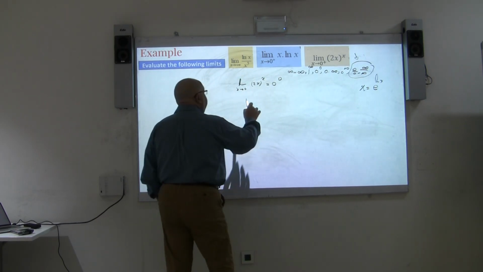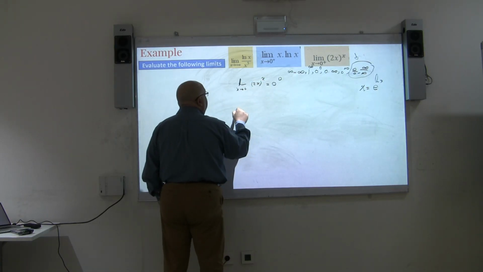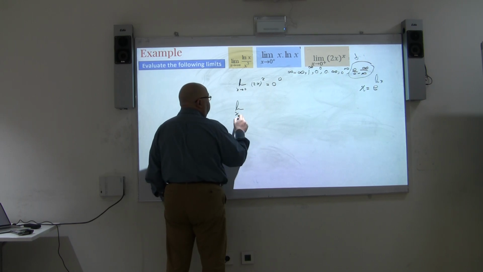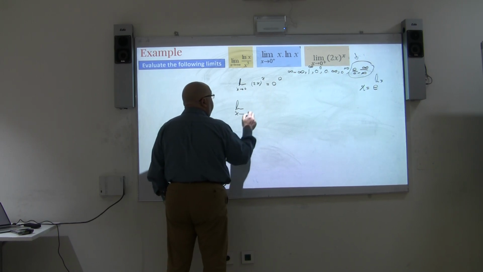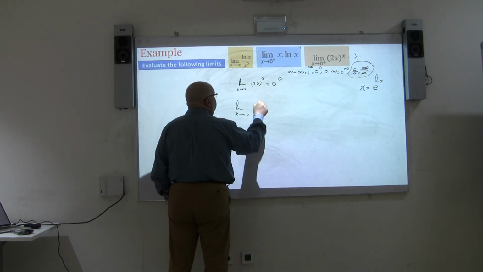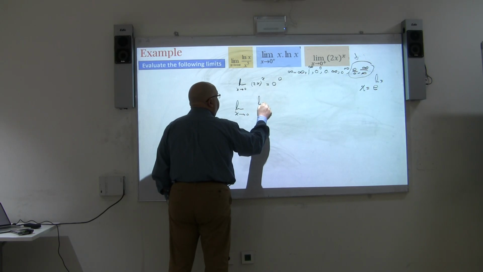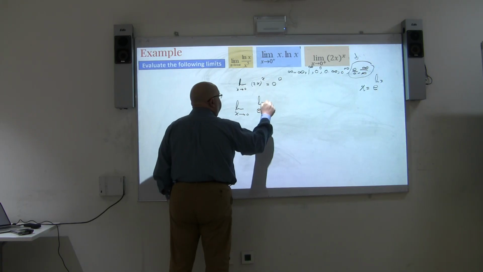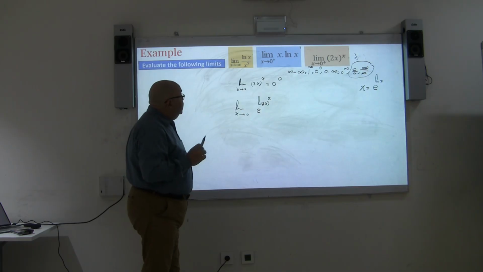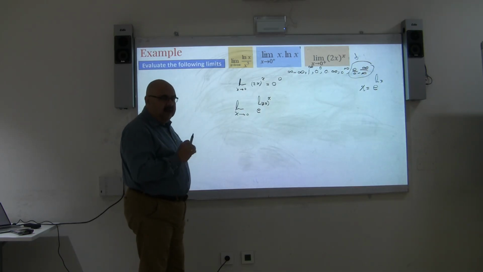So instead of dealing with this function, I will deal with the equivalent form but containing the exponential and logarithmic part. So limit x tends to 0, and instead of dealing with this, I will deal with e to the power of ln of 2x to the power of x. This form will help us a lot.